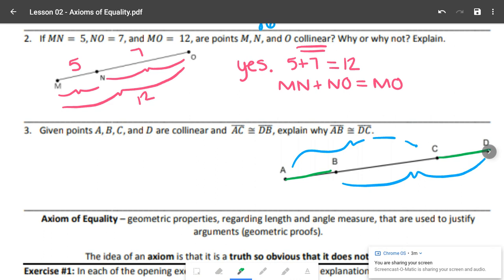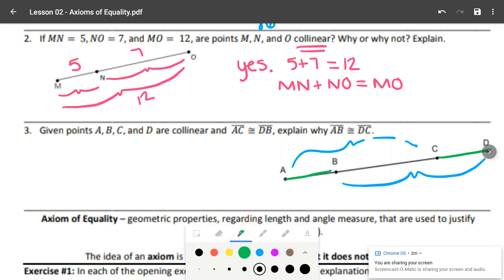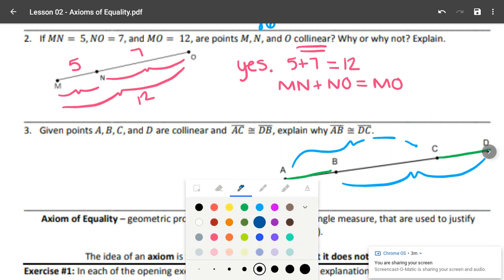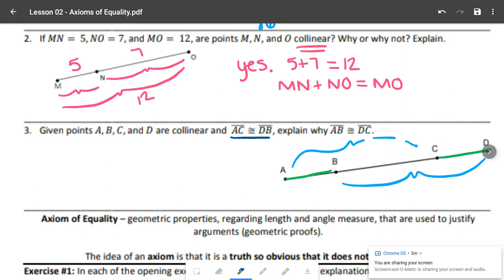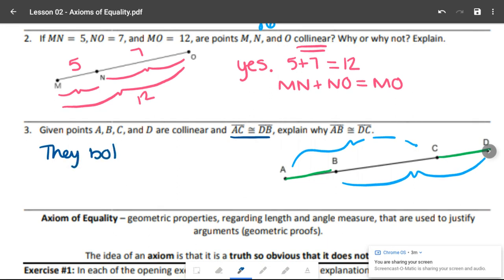If we look at this, we know they're congruent because we're already told, just like yesterday, we're told a given that we know for sure that those pieces are congruent. If that whole thing's congruent, they both overlap at one place. So they both share BC.